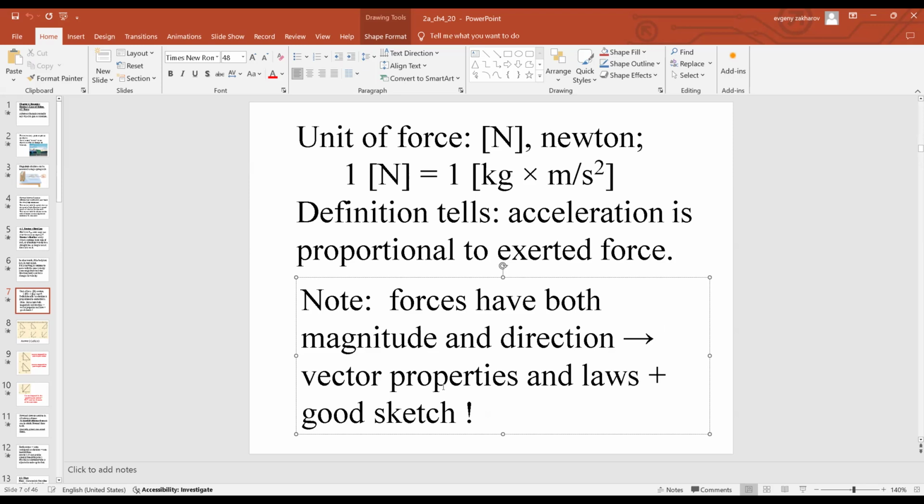So exactly the same procedure: finding the components, doing the Pythagorean theorem, and defining the reference angle with respect to a certain axis. Exactly the same process as before in chapter 3. And of course, for direction, you want to show those forces on the sketch.